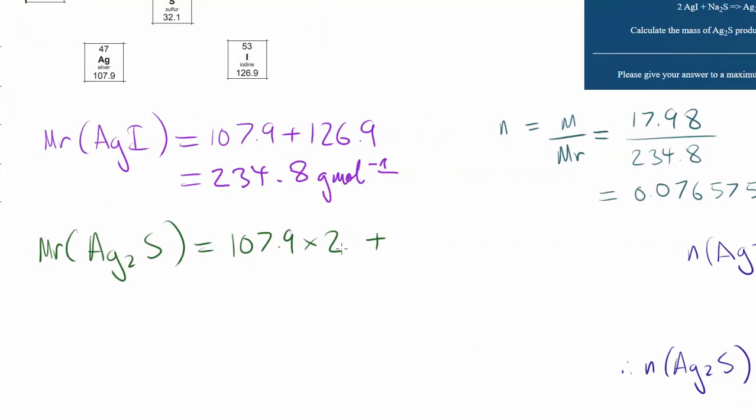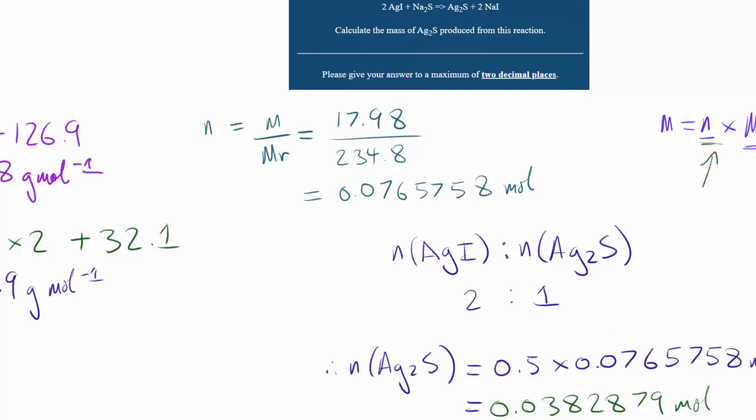So plus, and there's only 1, right? So it's going to be 32.1. So I'd invite you to have a go working out what that is. But if you do that, what you should find is that that's going to be 247.9, okay? And that's in grams per mole.